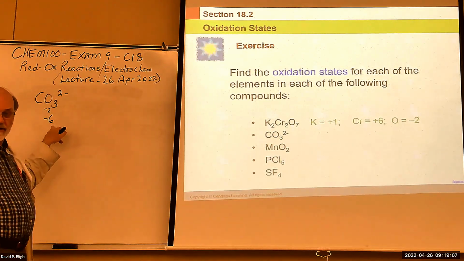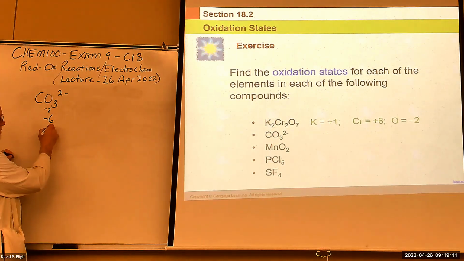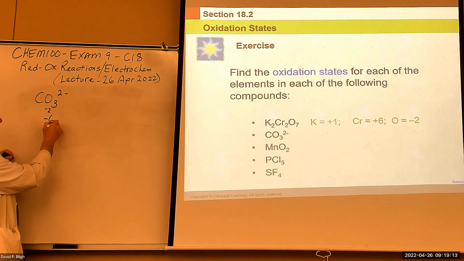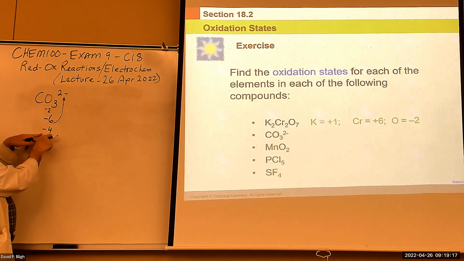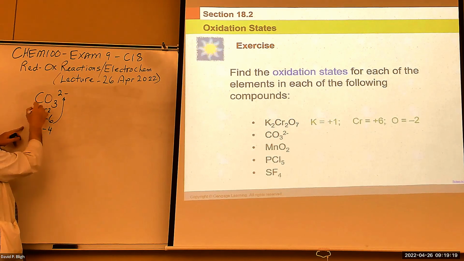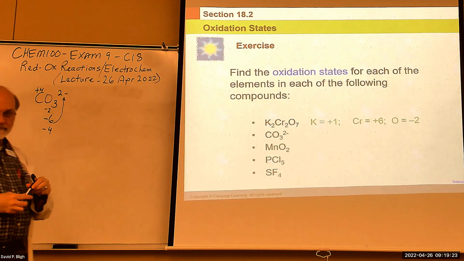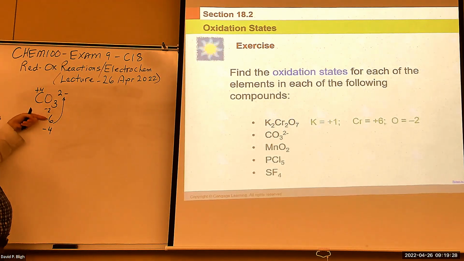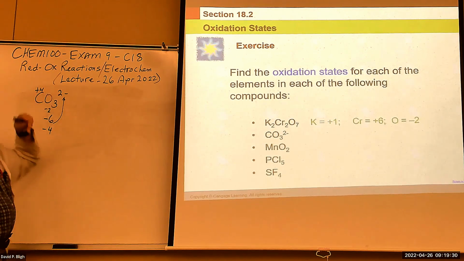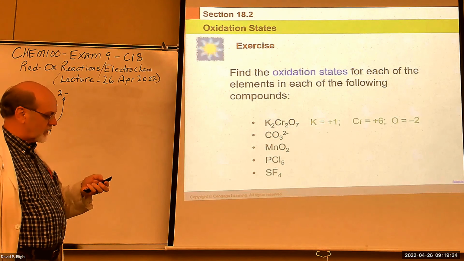You've got 6 here, so really, you only need to neutralize 4 of them, because we saved 2 for that charge. So we have -4 that needs to be balanced with this one carbon, which has to be +4. And you can check yourself: 3 times -2 is -6, and +4 is a -2. So we're good. That's the charge on the polyatomic ion.